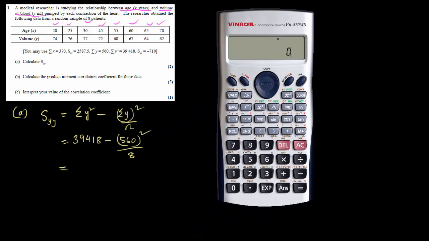So this is going to be 39418 minus 560 whole squared, divided by 8. So the value we get is 218.